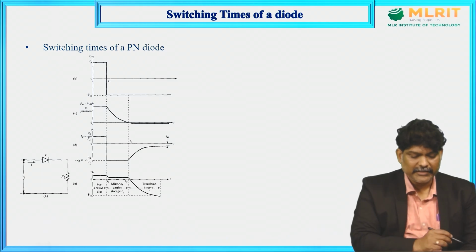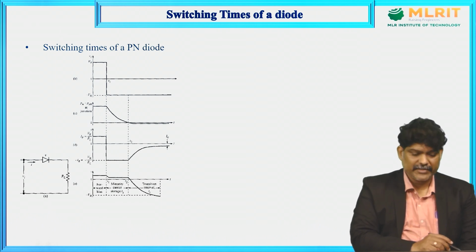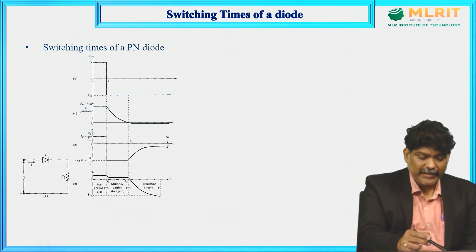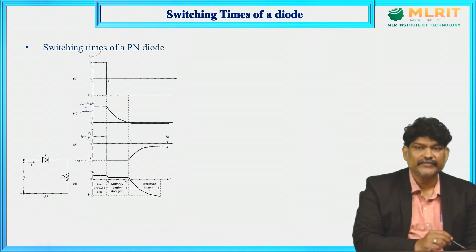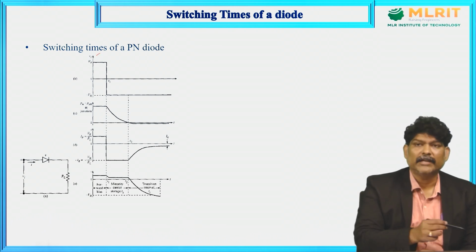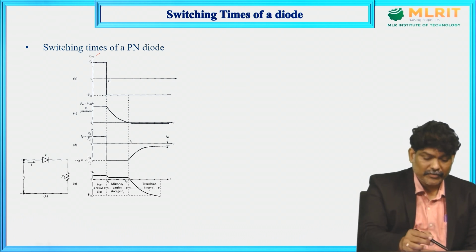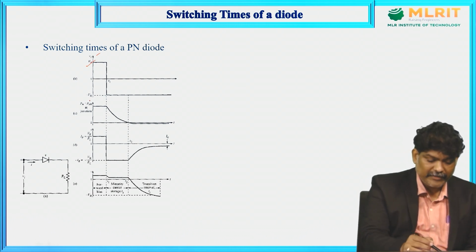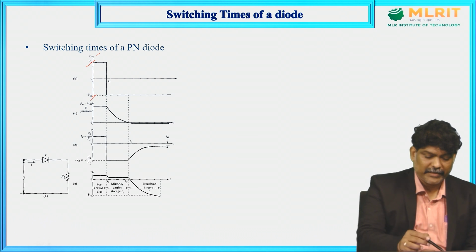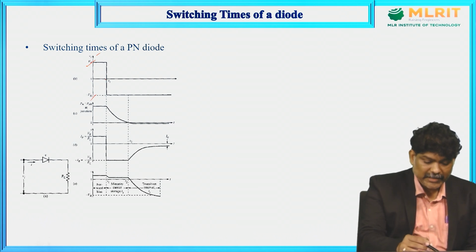See here, this figure represents the switching times of a PN junction diode. This is the input signal, a rectangular signal applied to a diode. We have a forward voltage V_F and reverse voltage minus V_R, and this is the time T1.